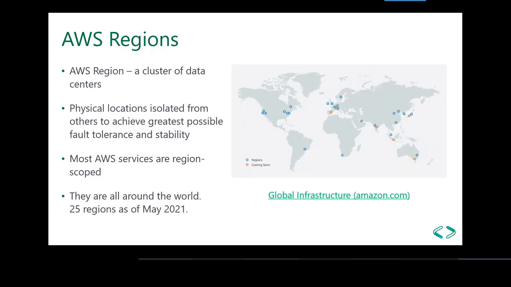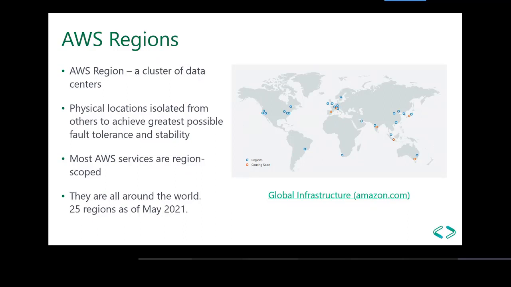To achieve fault tolerance and high availability, AWS has data centers in different regions throughout the globe. As we see on the map here, you can think of a region as a cluster of data centers. They are physical locations isolated from others to achieve the greatest possible fault tolerance and stability. Just in case one data center is impacted within a region, there are other data centers.